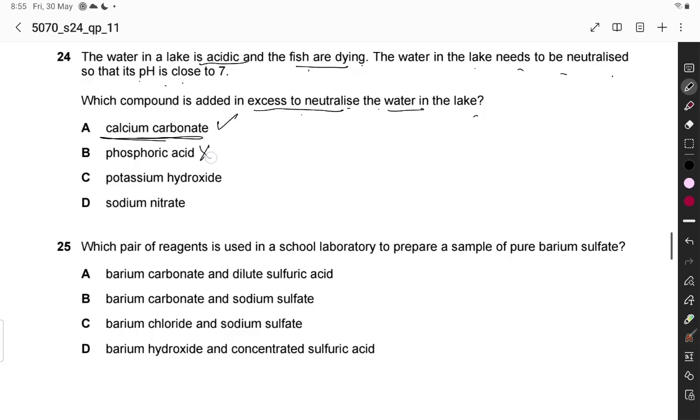Phosphoric acid cannot neutralize, because this is an acid. Potassium hydroxide can neutralize, but the pH is not close to 7, because when we add potassium hydroxide, its pH is more than 7, near 13 to 14.